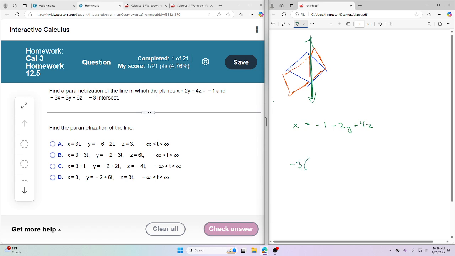So I got -3 times all this stuff, and then minus 3y plus 6z is equal to -3. Okay. And I don't know, distribute. So 3, 6, -12.